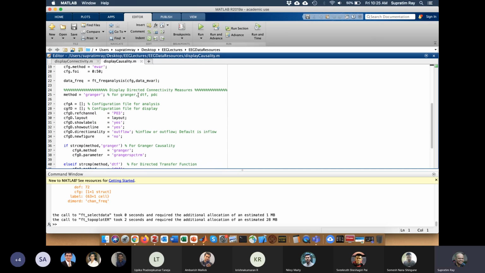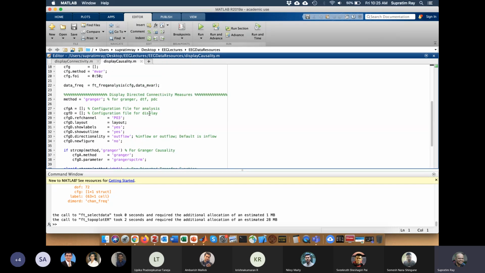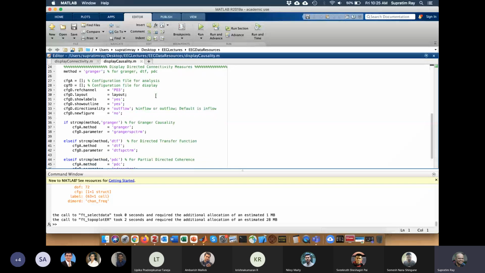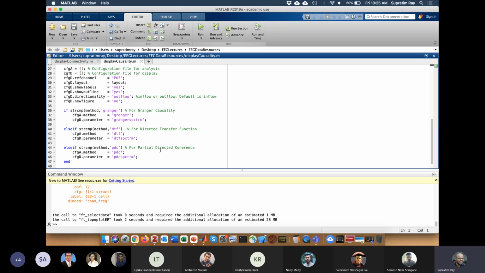There are also other connectivity measures, directed transfer function, forgot what PDC was. So these are involved concepts. These are actually excellent topics for you guys for your grant proposal. You could try to understand partial directed coherence. What these are, conceptually very difficult to understand also. So this is actually quite involved what I'm showing right now.